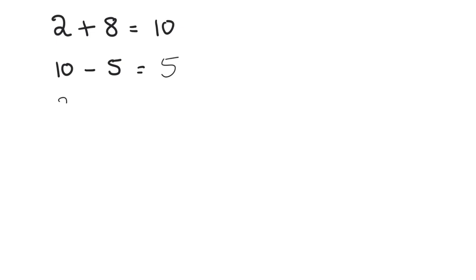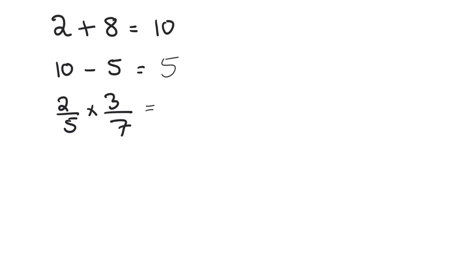Fine. 2 over 5. Is this a rational number? Yes. Times 3 over, let's take 7. Are these two rational numbers? Yes. And what do we get when we multiply them?